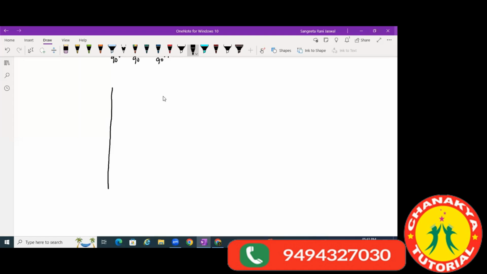Okay, so I'm taking this graph here, and I want all positive axes, so I have taken the major part in the positive axis. On the positive x-axis, I'm taking the angles in degrees. Here also I'm taking angles in degrees.